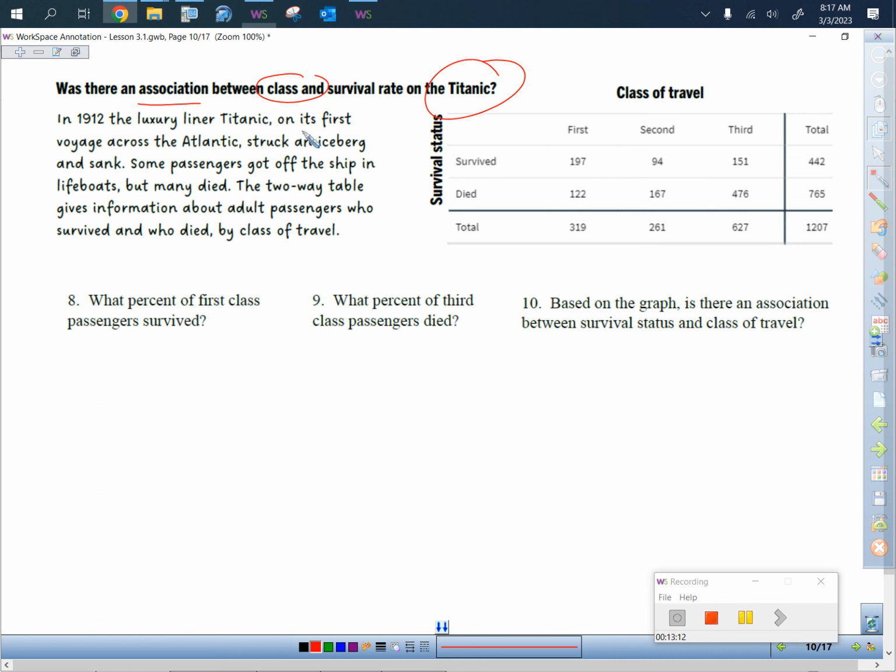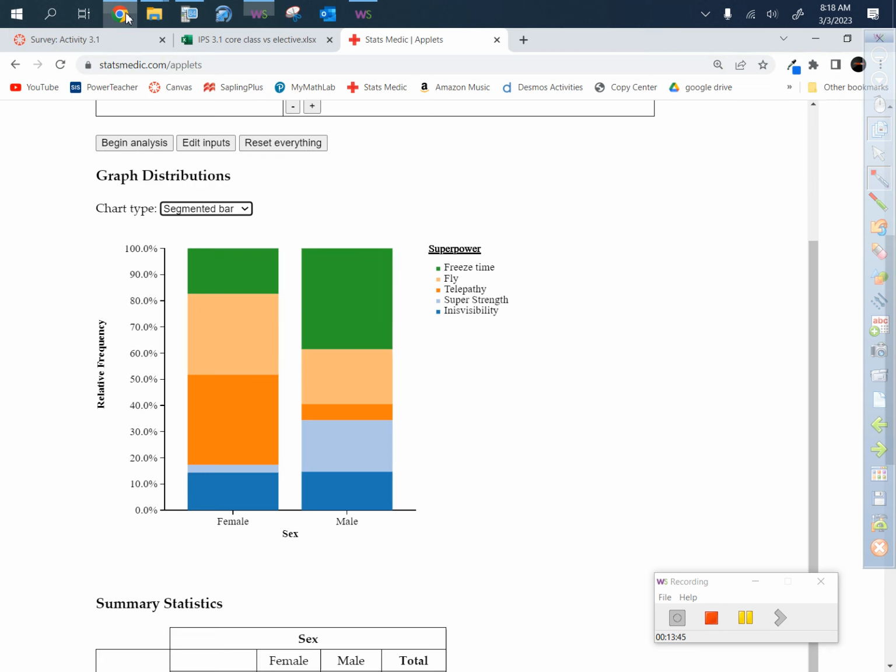Was there an association between the class and if they survived the shipwreck? So here's this. To me, that's hard to read. You can see the numbers, but I would much rather see the segmented bar chart. So let's take this and go to the applet and make a segmented bar chart.